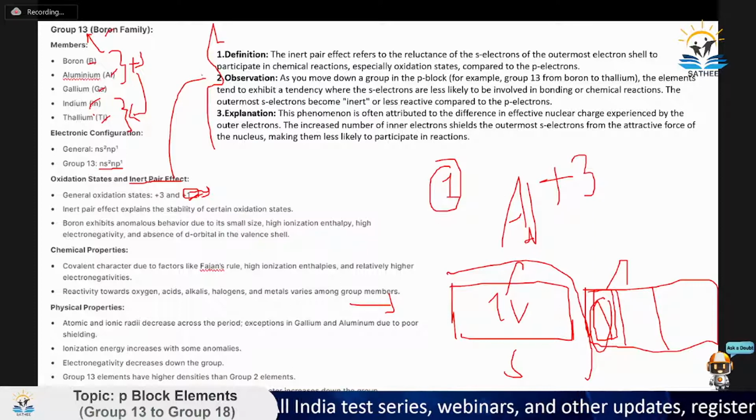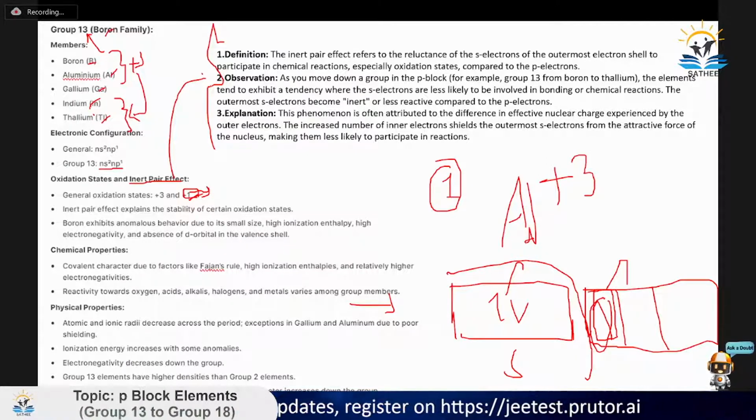Okay, this is the inert pair effect. So what is the definition? It refers to the reluctance of s electrons in the outermost electron shells to participate in chemical reactions, right? What is observed as we go down the group?